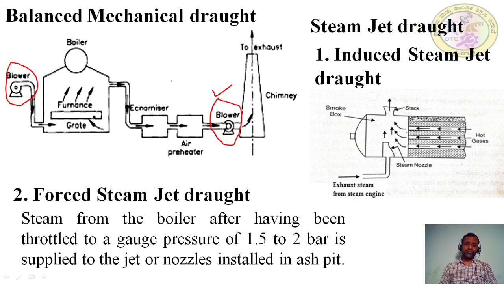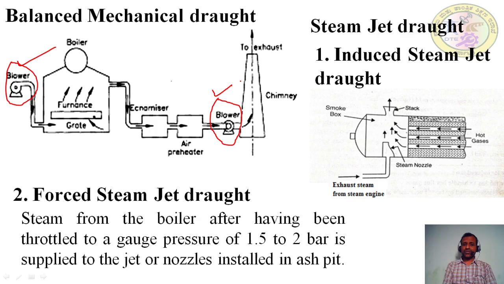Balanced mechanical draught means whatever resistance is offered by the air preheater can be overcome by the first blower. Then the second blower, placed before the chimney, handles the very low pressure coming out of the air preheater, because the maximum amount of heat is extracted in the air preheater, so it loses its temperature.